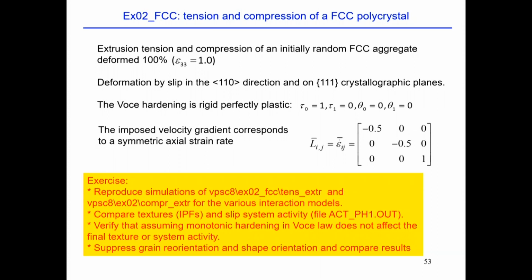We are going to consider slip in the 110 and 111 planes, which gives 12 systems with that characteristic in cubics. For the Voce hardening, we are going to be using a non-hardening hardening. So only tau 0 is equal to 1, and all the other parameters are 0, which means that tau doesn't change during the process.